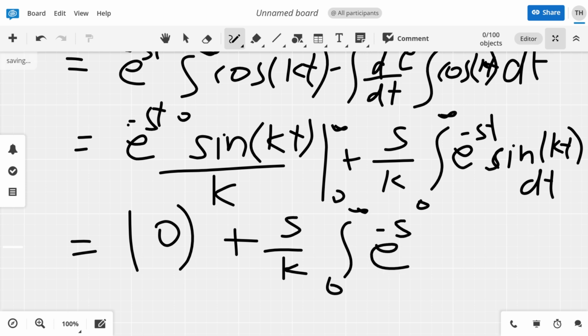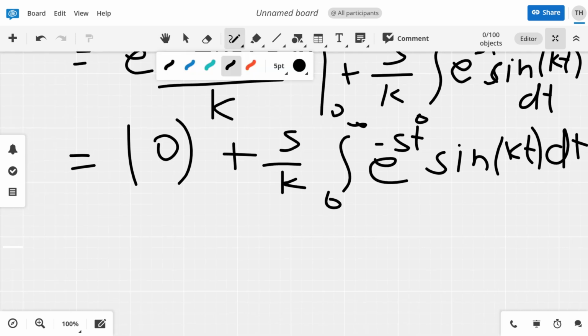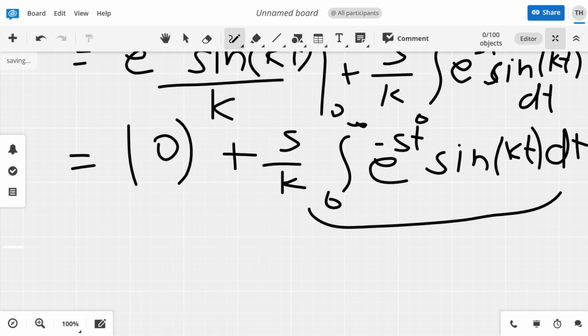exponential minus st sin kt dt. Now this is your homework, that you have to solve this integration. As I have solved it, I will write the answer here.